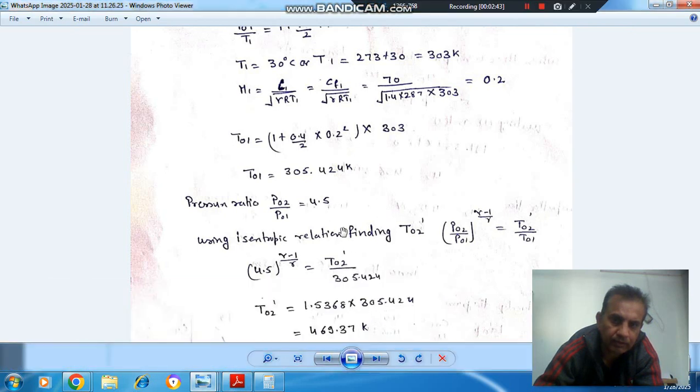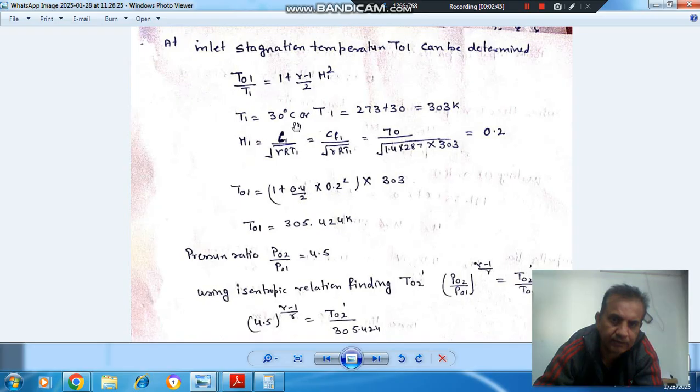So here inlet temperature is given as 30 degrees Celsius, or we can say 303 Kelvin. Using this relationship we find out the inlet stagnation temperature. The relationship is T01 by T1 is equal to 1 plus (gamma minus 1) by 2 M1 square, where M1 is the inlet Mach number, that is C1 by root gamma RT1.